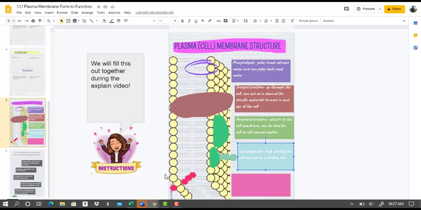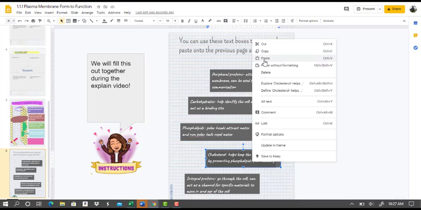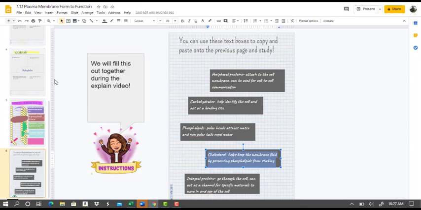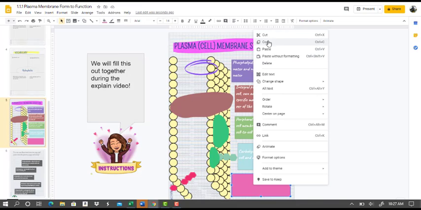They put cracks inside of that concrete to help with the fluidity of the concrete. So those cholesterol molecules do the same thing. They prevent those phospholipids from sticking together and keep it fluid.